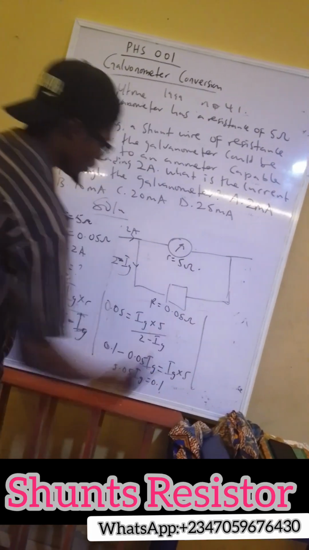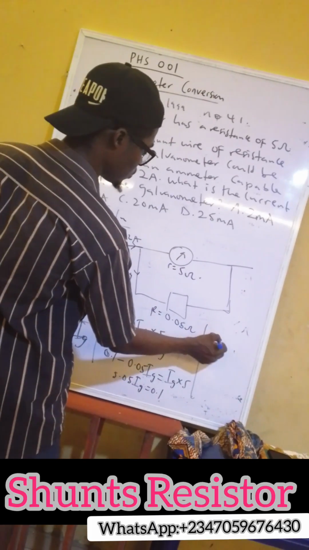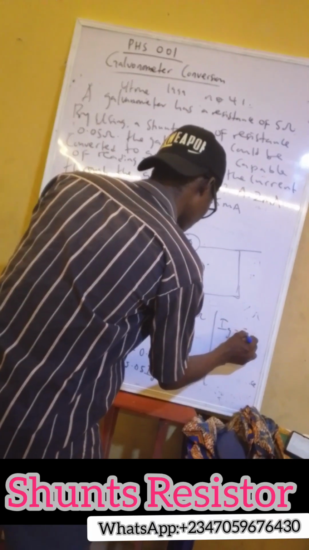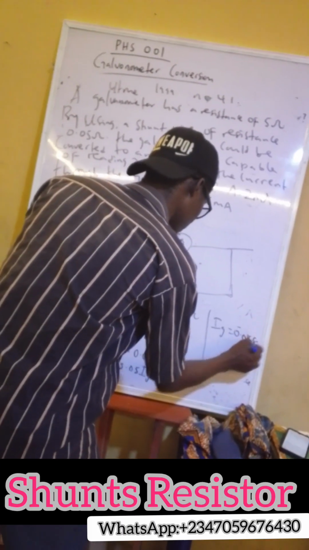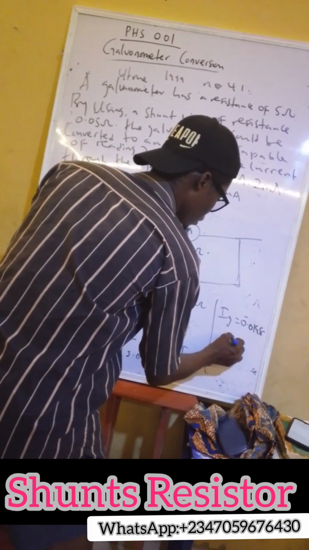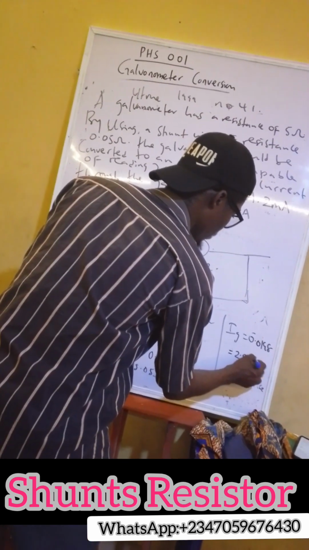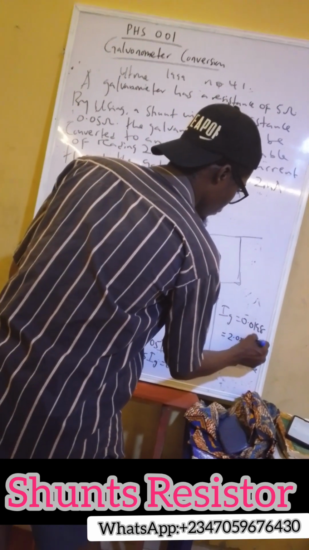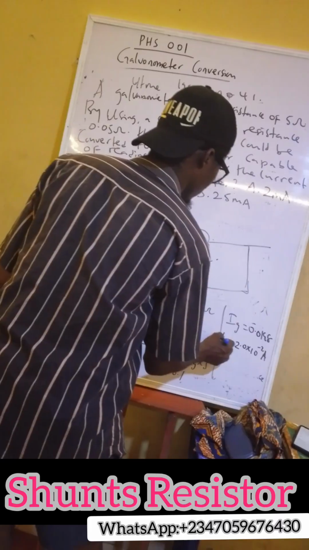At the end of the day, Ig is 0.0198, which is the same thing as 2.0 times 10 raised to power minus 2 ampere.